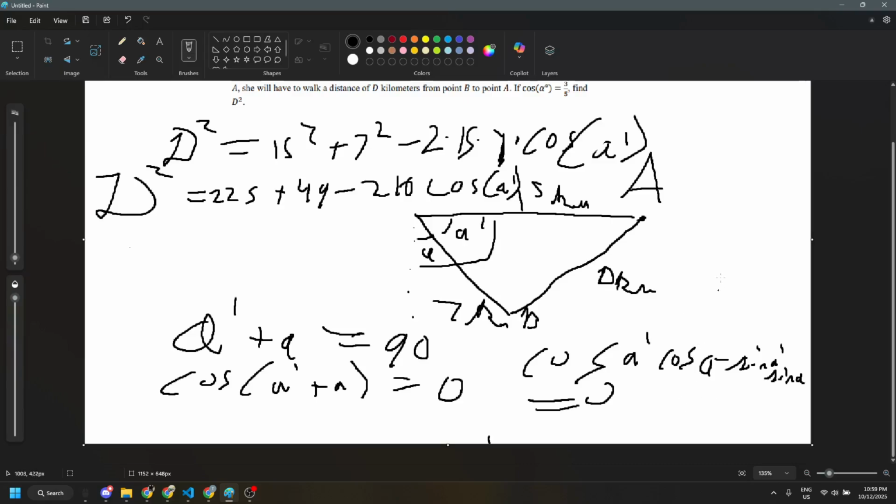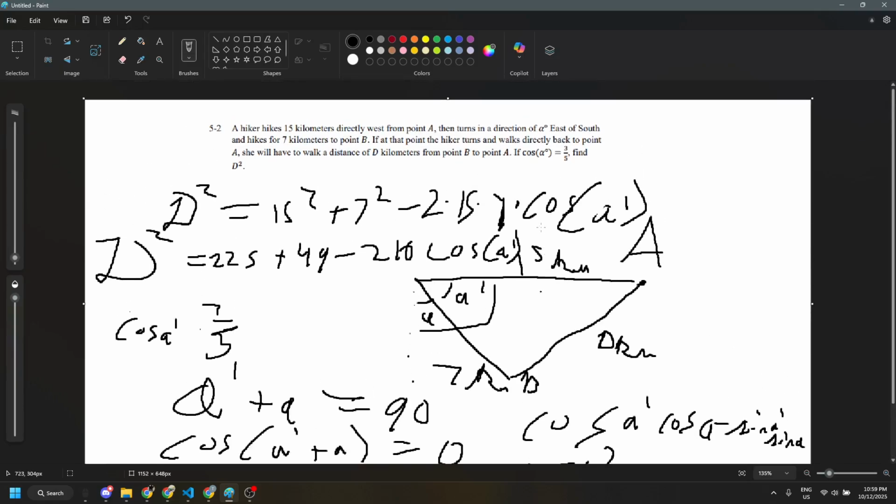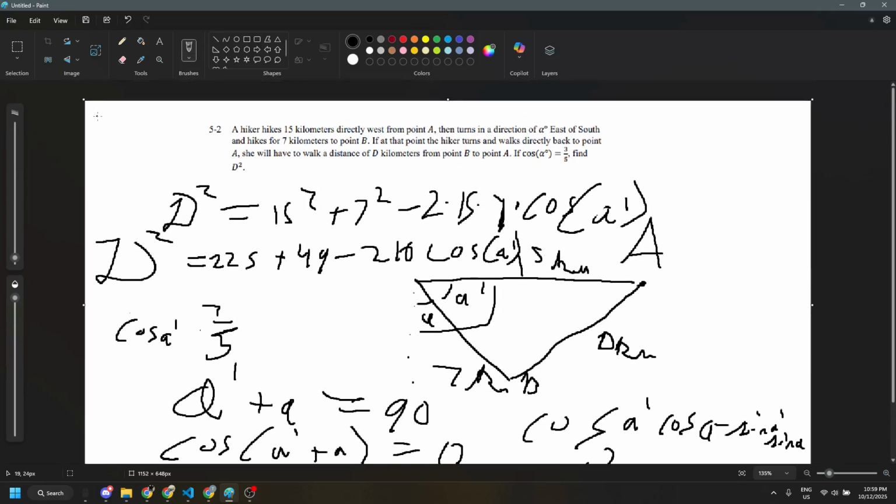So we know cosine alpha is equal to 3/5. So cosine alpha prime times 3/5, minus sine alpha prime sine alpha. So what we're gonna need to do is, cosine is 3/5, so that's adjacent over hypotenuse.